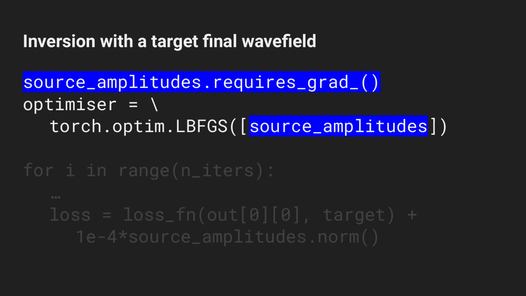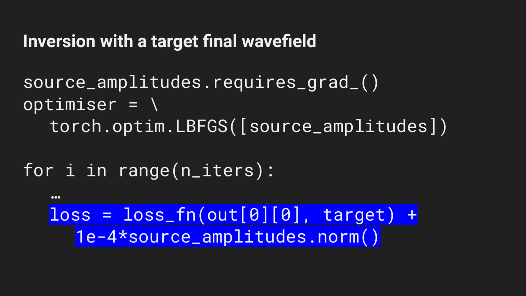The first is that we need to specify that we want to calculate gradients with respect to the source amplitudes and to tell the optimizer that we want it to update the source amplitudes to try to reduce the loss function. The second is that our loss function computes the difference between the final wave field and our target wave field.